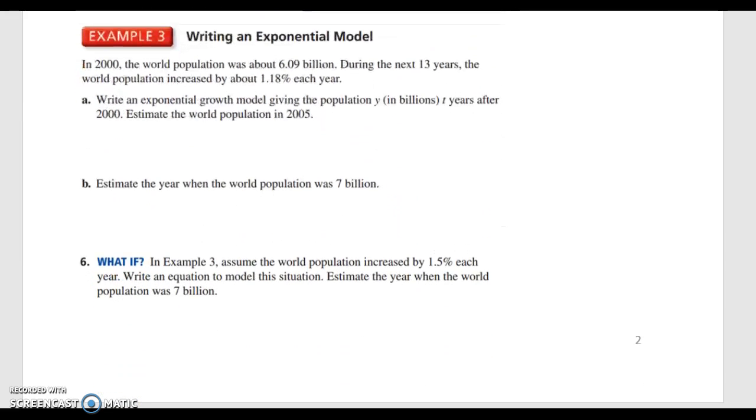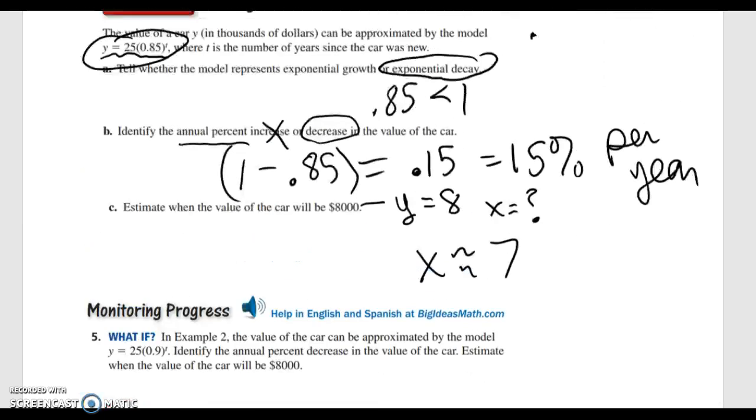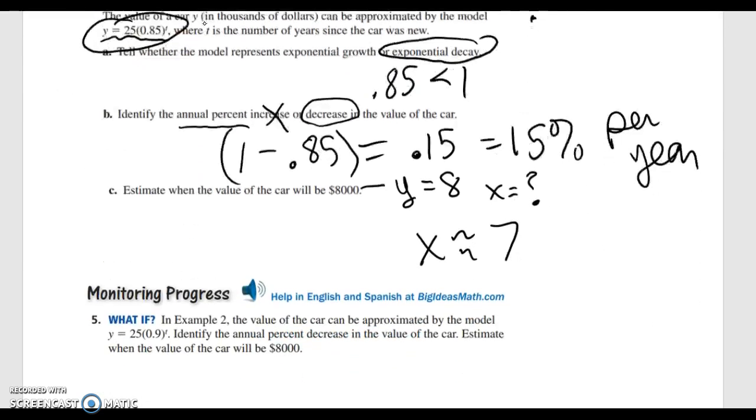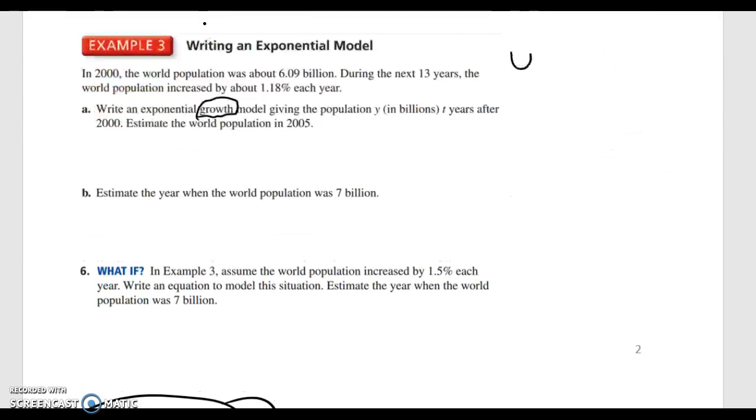Now for example 3, we're going to do the opposite. We're going to try and write the equation. We are writing a growth model, so let's recopy the generic growth model that we had written at the top of the page in front of example 3. We have the generic equation, y equals a times the quantity 1 plus r to the t. A is like your starting value, and in this case, the starting population is 6.09.